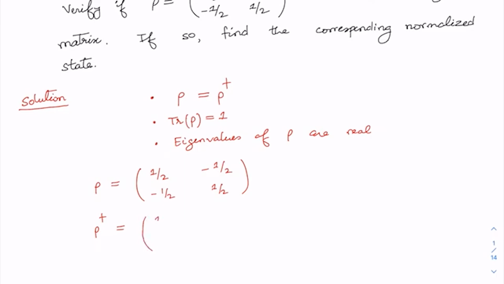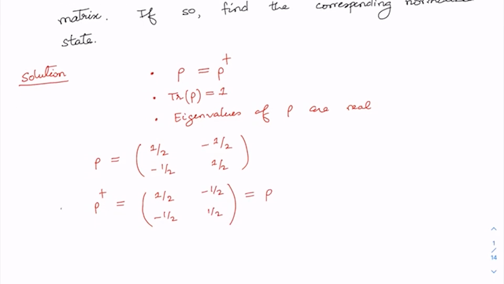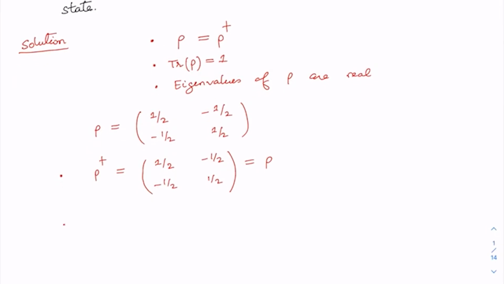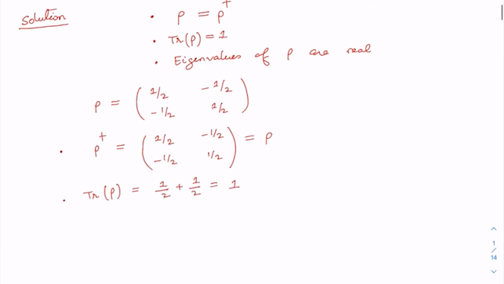Then if we take the transpose, we'll get half, minus half, minus half, and half. So this is exactly the same as rho. Therefore the given matrix is Hermitian. Secondly, trace of rho, the sum of the diagonal elements, half plus half, is equal to 1. So this is also satisfied.